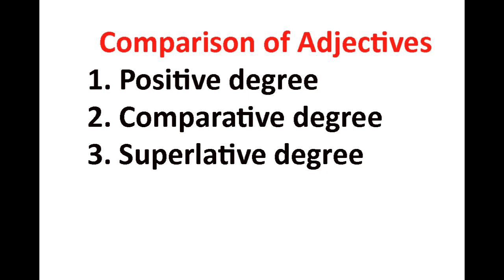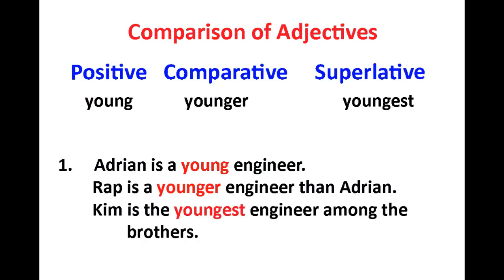To understand more about comparison of adjectives, let's see these examples. In the positive degree, the form of the adjective is not changed. Example, the adjective young. To form the comparative degree of the adjective young, er is added to the one-syllable adjective young.